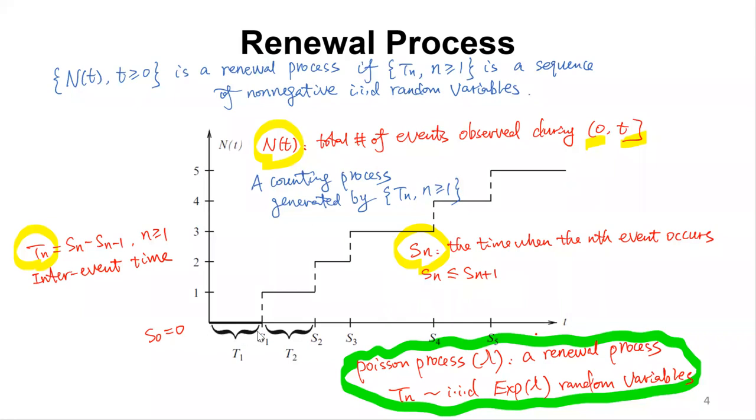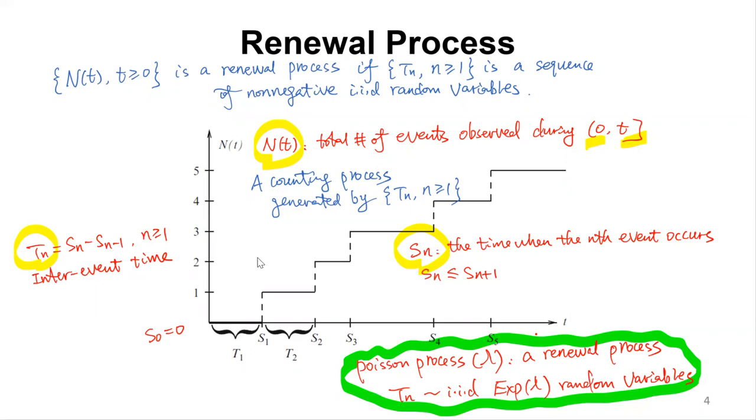This T1 is the inter-event time between the 0 and the first event. And this is between the first event and the second event. This is the inter-arrival, or you can call it inter-event time. So Tn, for example, T2 equals S2 minus S1. And in general, the inter-event time is Sn minus Sn minus 1.